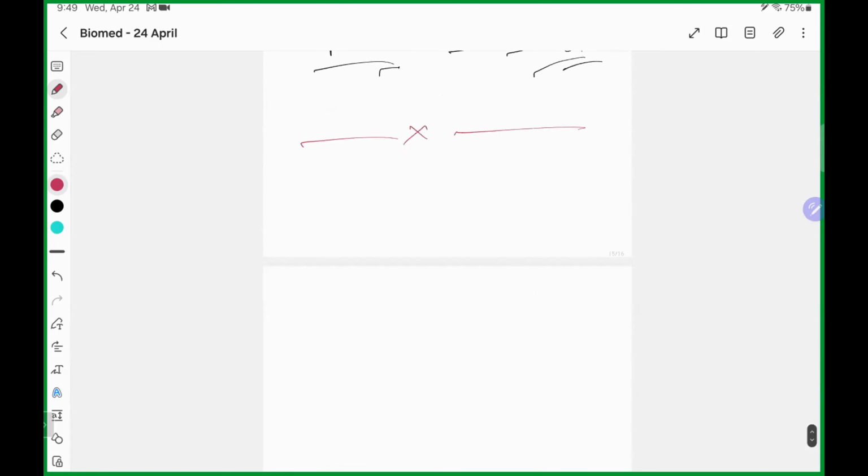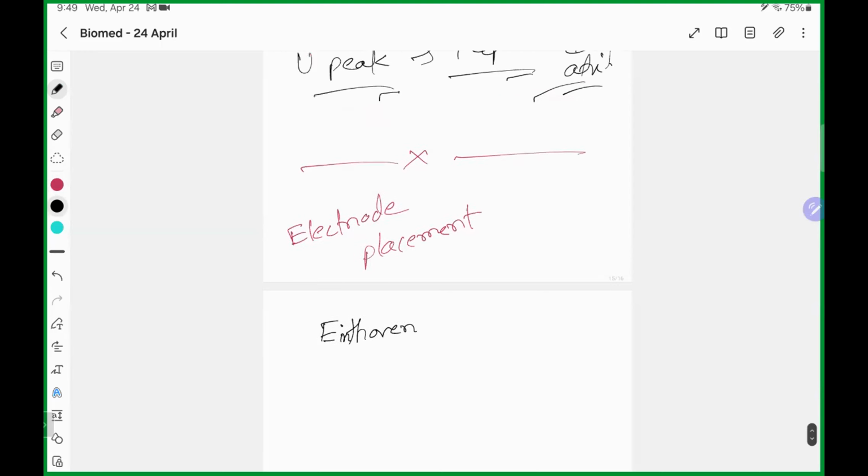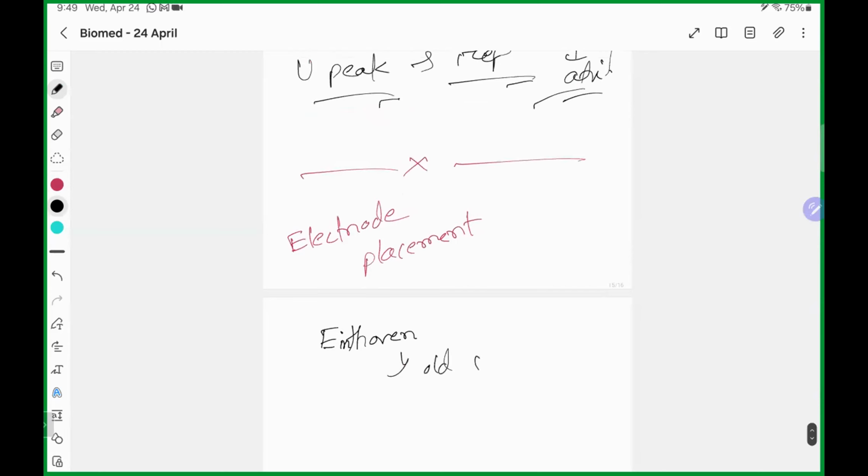So there are a few other things. For instance, the electrode. How do you place the electrode? Electrode placement or measurement. Einthoven, the original, who started this, had the old standard.